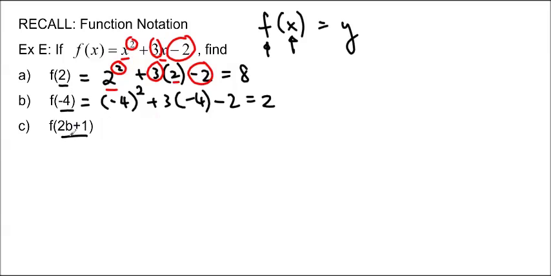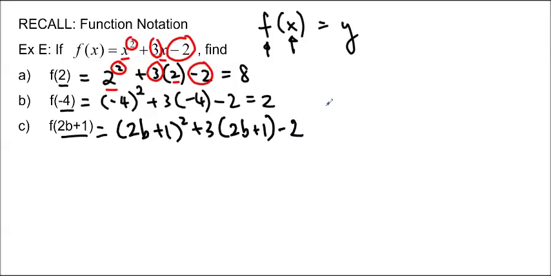And of course, inside of function notation, I can pretty much put anything that I want, any variables. I've got a little expression here, and you can put that in as well. So instead of writing x, I'm going to write 2b plus 1: 2b plus 1 squared plus 3 times 2b plus 1, minus 2.